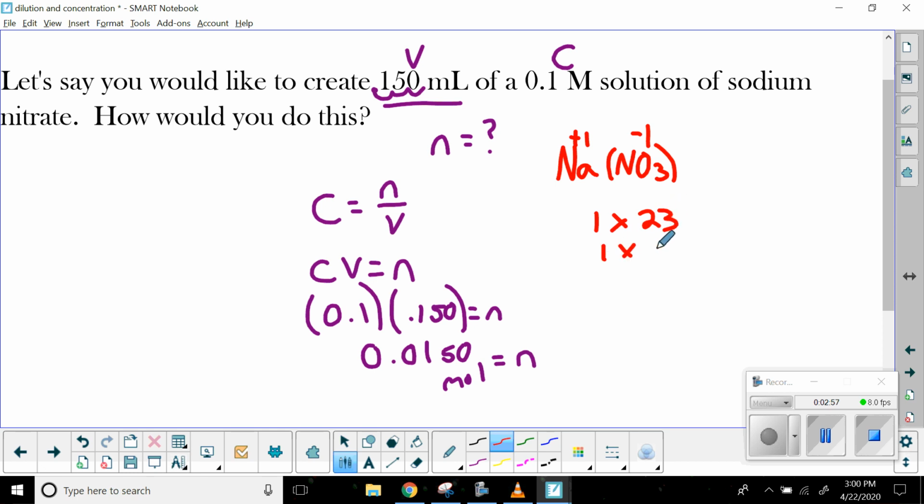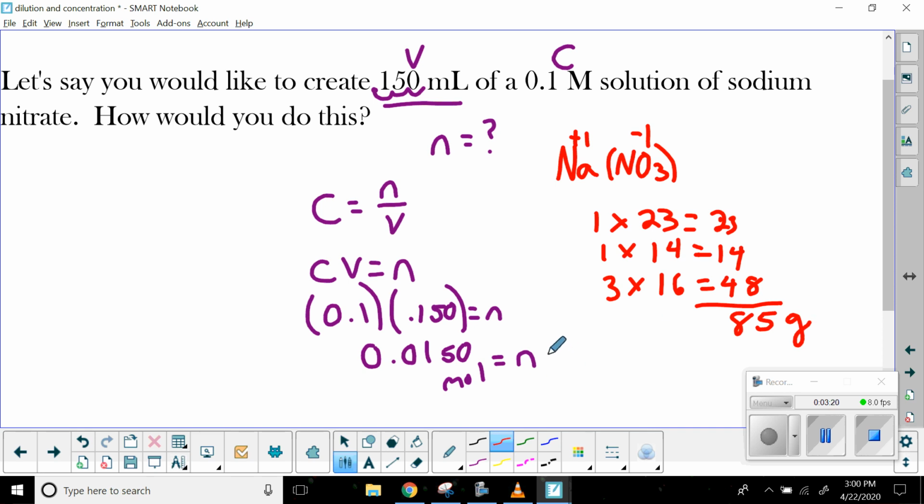I've got 1 nitrogen that has the molar mass of 14, and I've got 3 oxygens that have the molar mass of 16. So getting my molar mass here, I'm going to have 85 grams per mole.